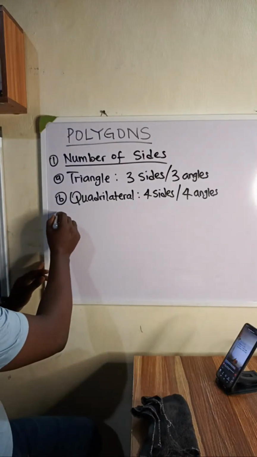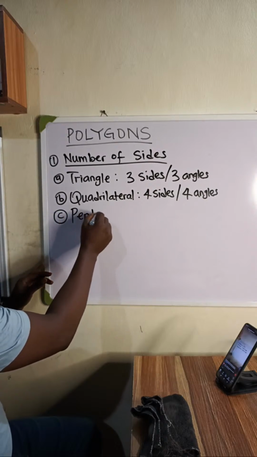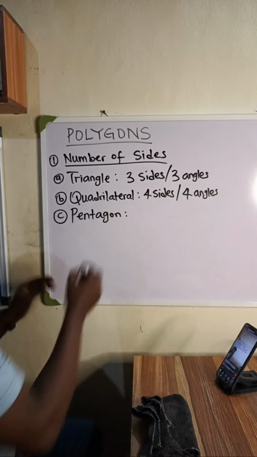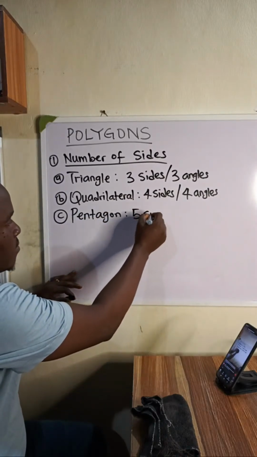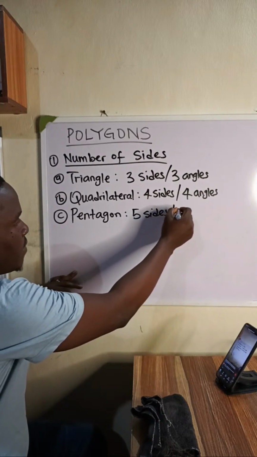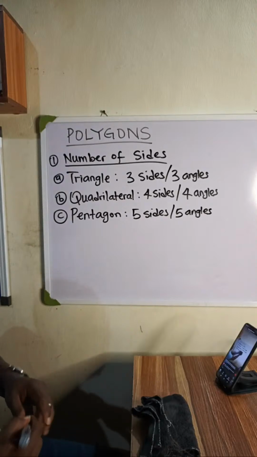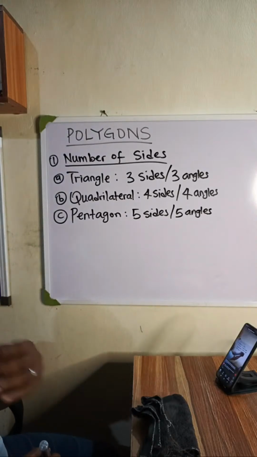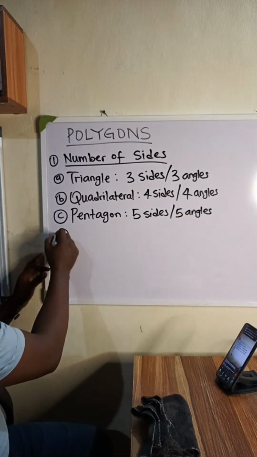The next one, C, pentagon. So a pentagon is a polygon with 5 sides, 5 angles. So a pentagon has 5 sides and 5 angles. D, hexagon.